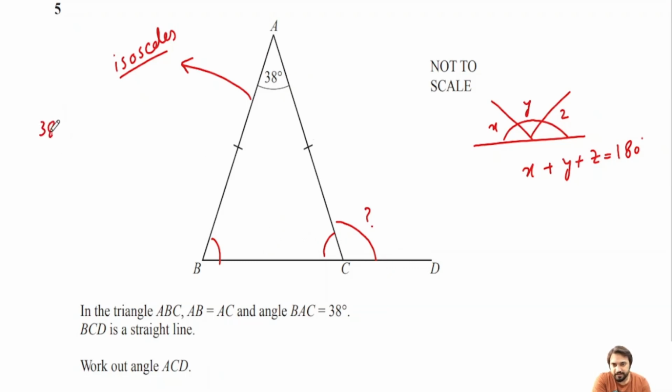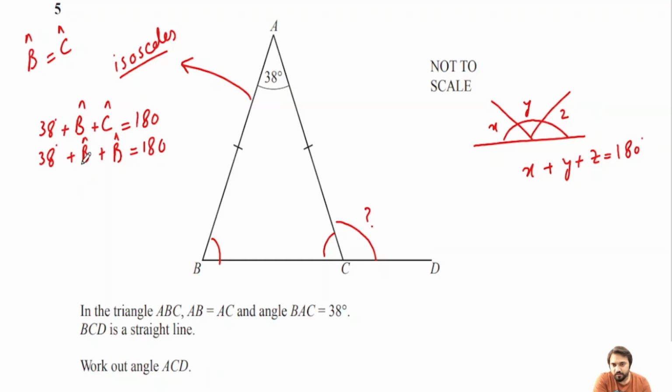Angle 38 degrees plus angle B plus angle C add up to 180 degrees. And this is an isosceles triangle, so angle B is equal to angle C. I can write 38 degrees plus B degrees, instead of C I'm going to write B, is equal to 180 degrees.